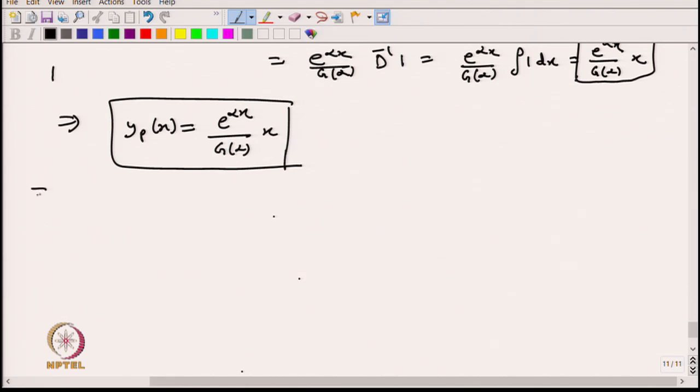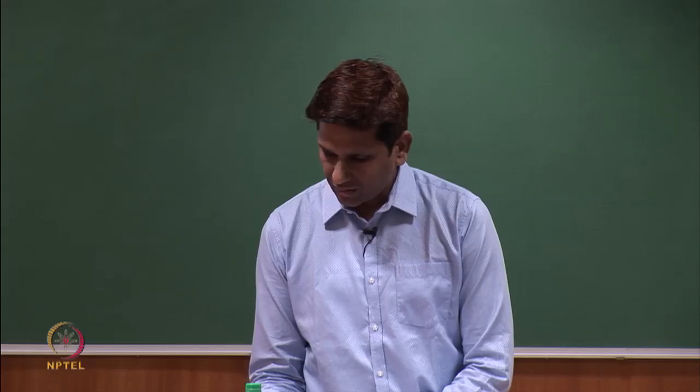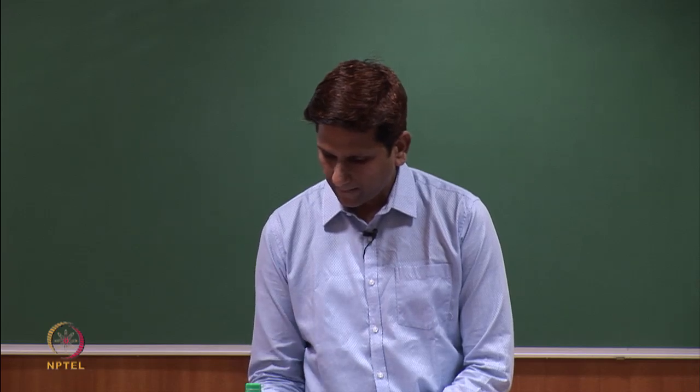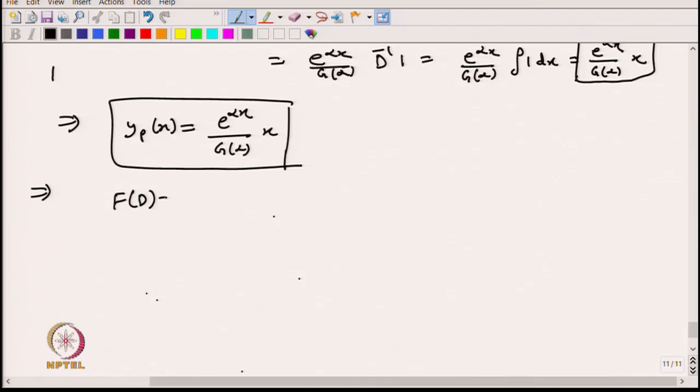Now, what will happen in the case when f(D) is (D minus alpha) whole square? In that case f of alpha is 0 and f dash alpha is also 0.